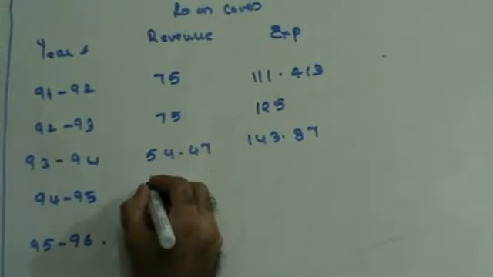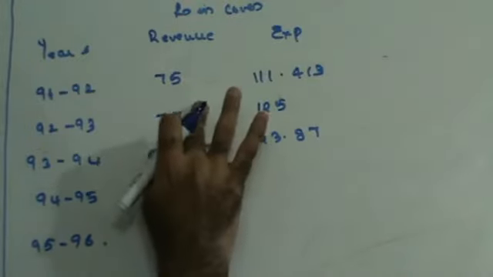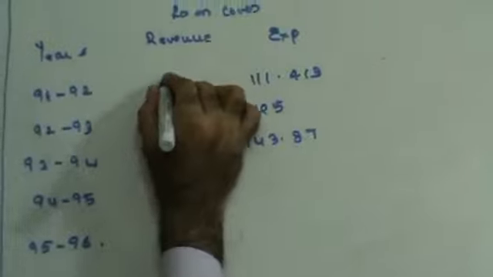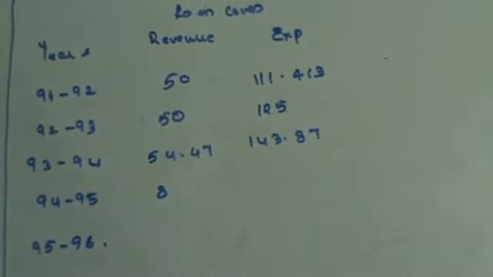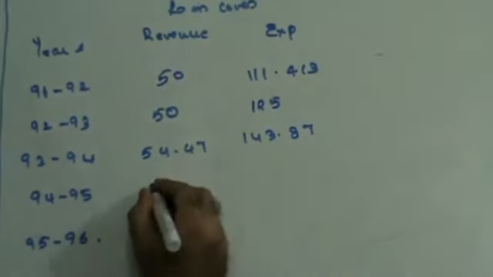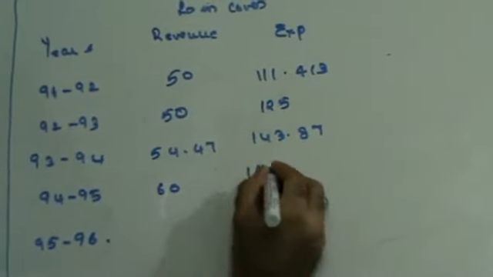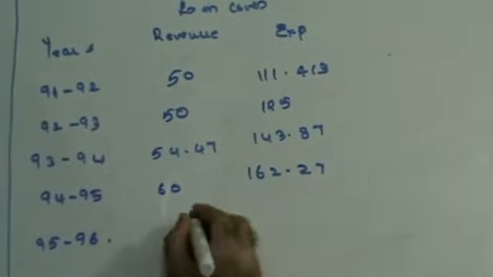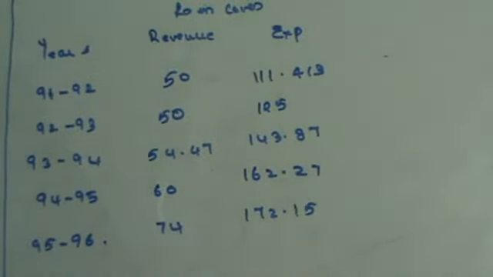Then this is 75, this is all 50, 54, and this is 60, and your expenditure is 162.27, and this is 74, and this is 172.15. So that's my data given to me.